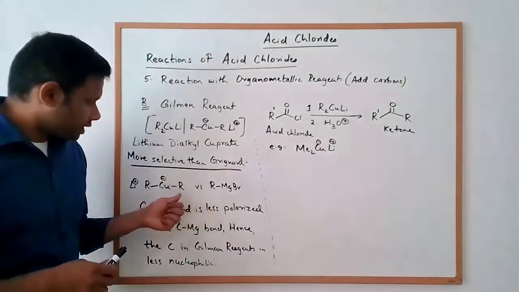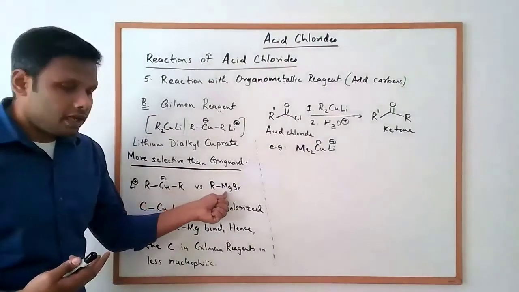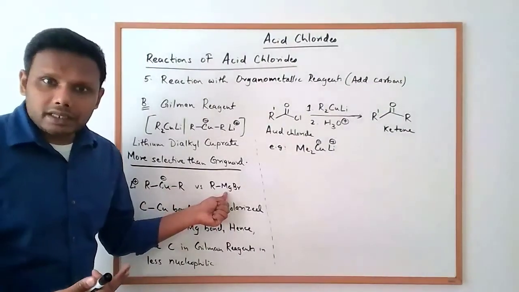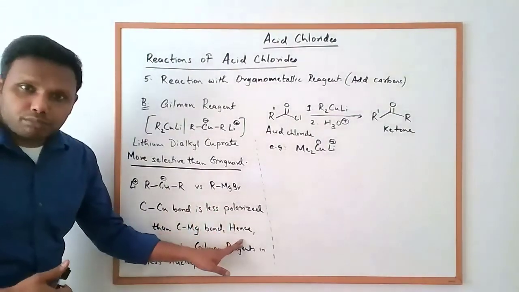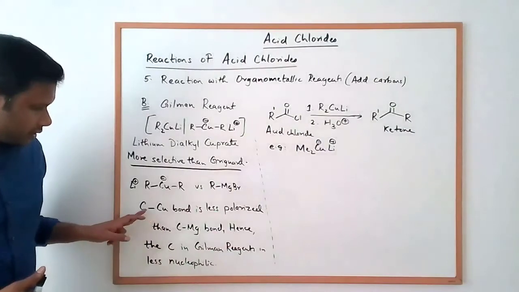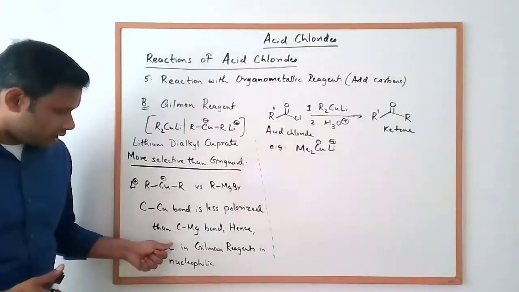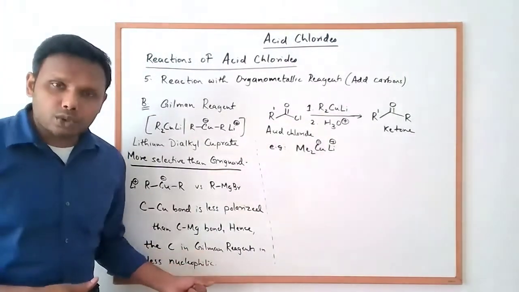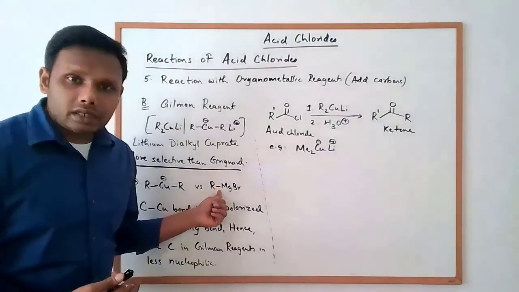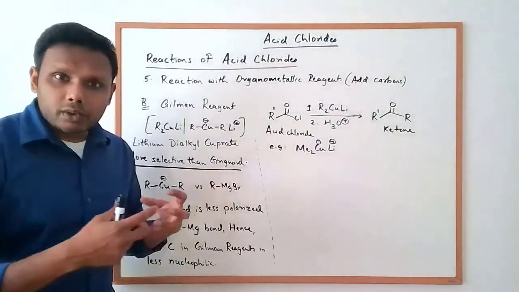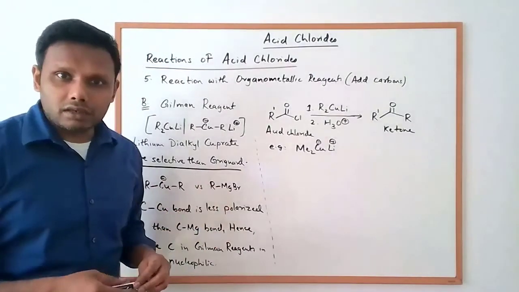That's because copper is a less electropositive metal than magnesium. Magnesium is a highly electropositive metal, and so that results in this lower polarization of the bond. And because of that, the carbon connected to the copper in a Gilman reagent is less nucleophilic overall. It's not as strong of a nucleophile as a Grignard reagent, because of the greater polarization that exists between the carbon and the magnesium in a Grignard reagent.